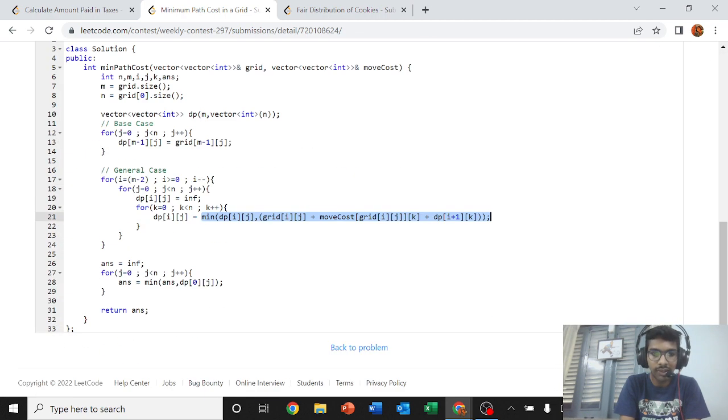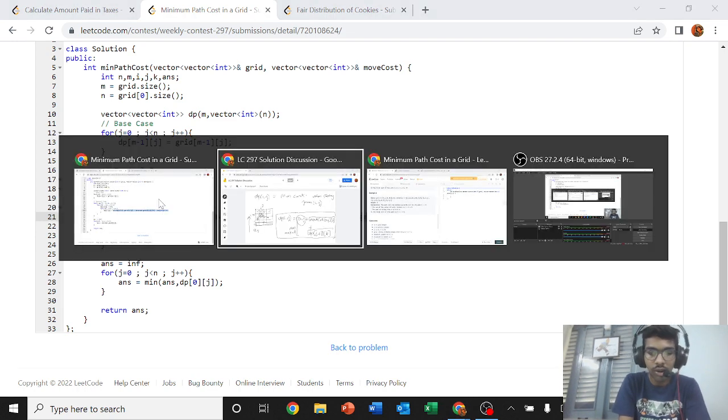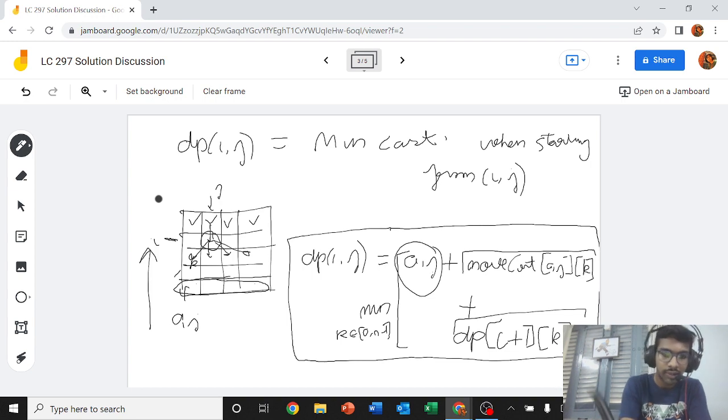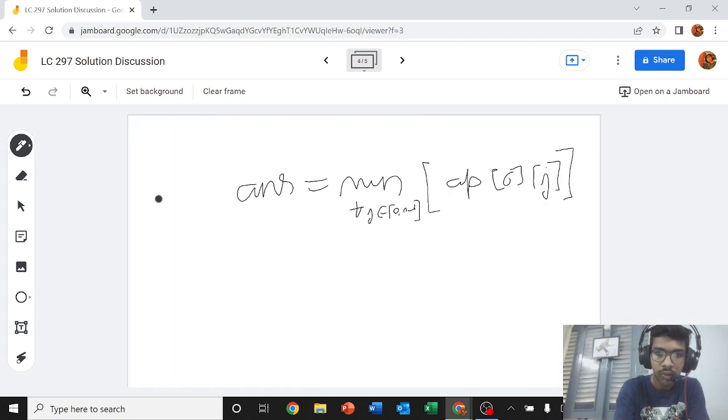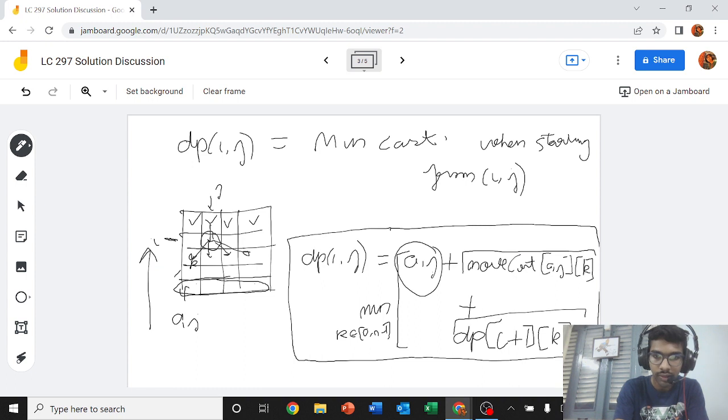It got me AC. Let's discuss the time and space complexity also. We have a total of n cross m states, and for each state we are considering all the k values from 0 to n minus 1.